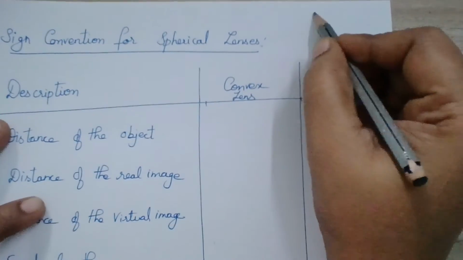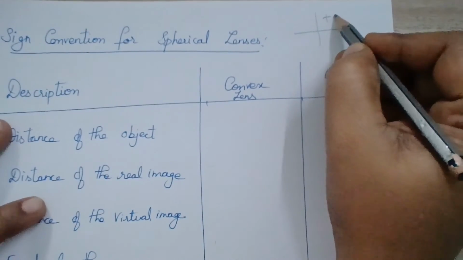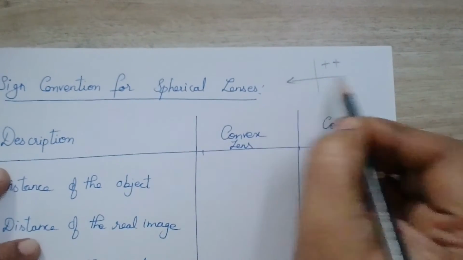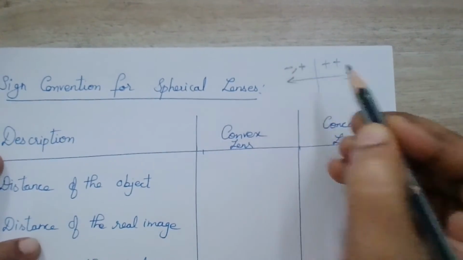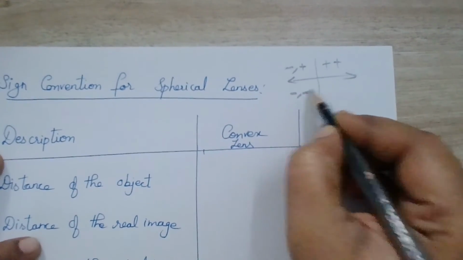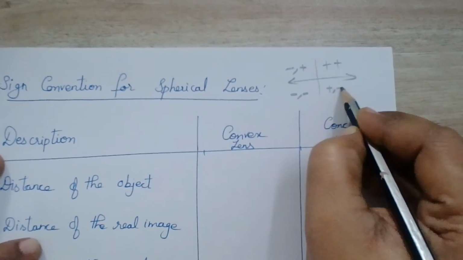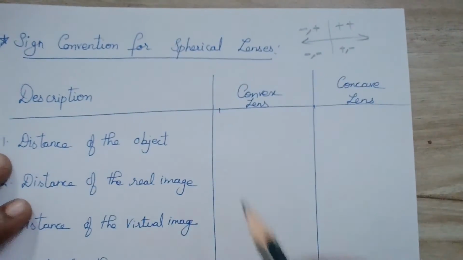We'll use the coordinate system. Here both x and y are positive. Here, the negative x-axis, so negative, and y is positive only. Here both are negative, and in this quadrant x is positive and y is negative. Same convention.